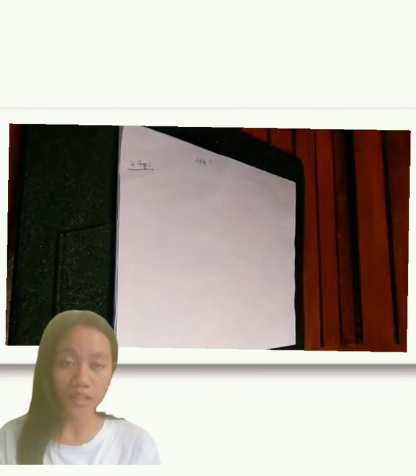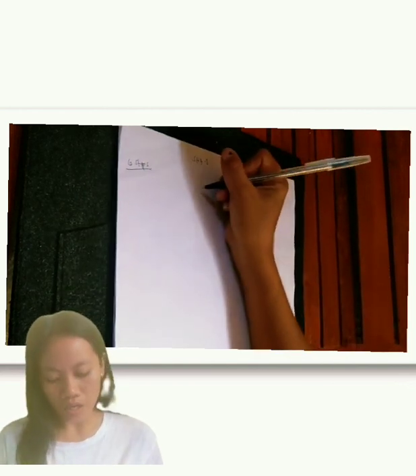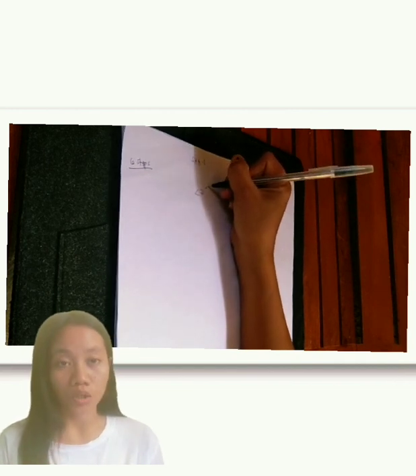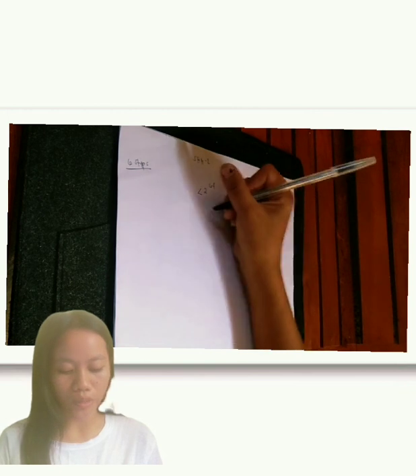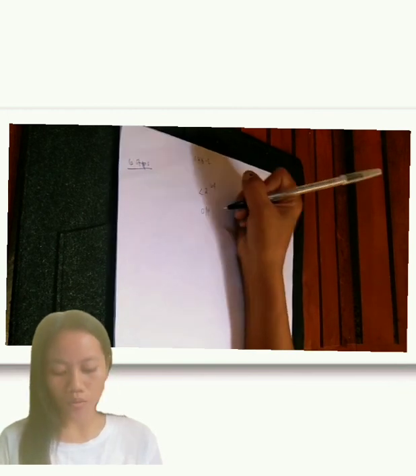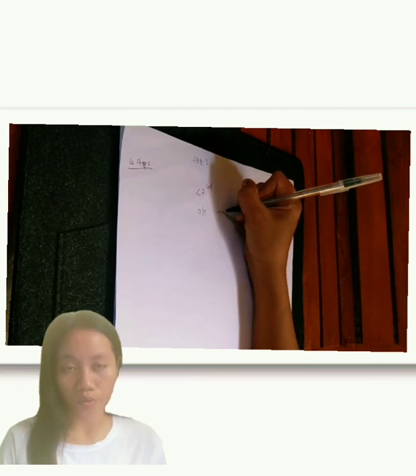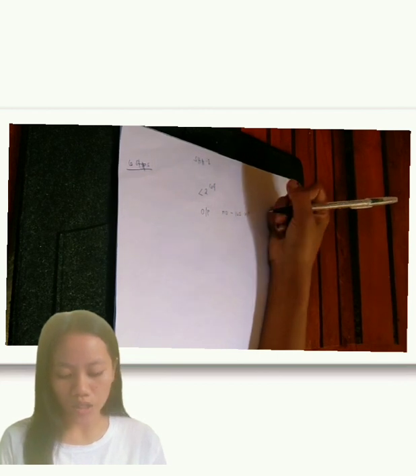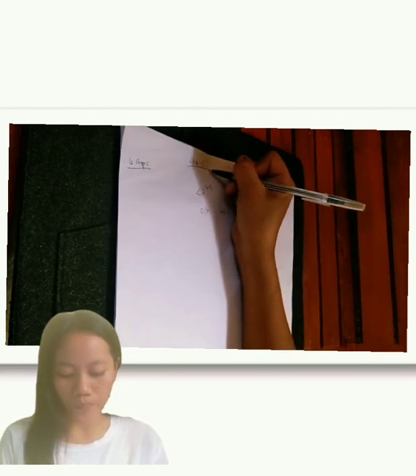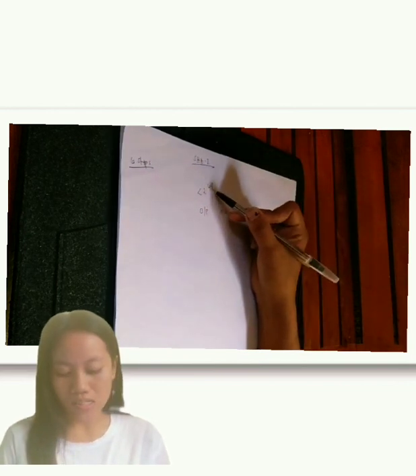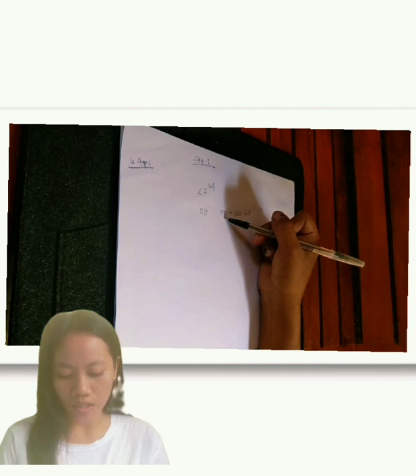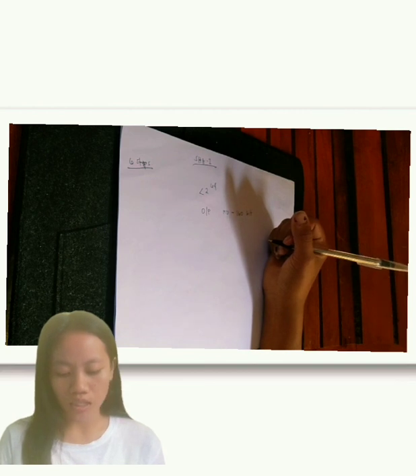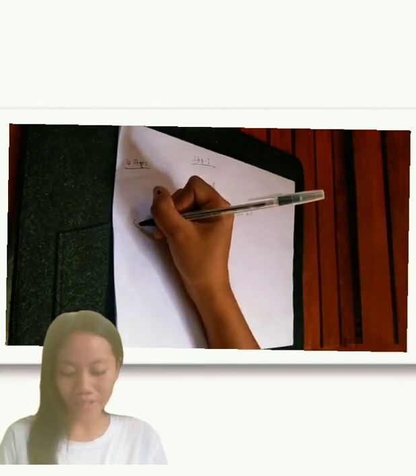Here in SHA1, that is secure hash algorithm, we're going to accept a plain text which should be of less than 2 power of 64 bits. The output is the message digest, which will be of 160 bits.